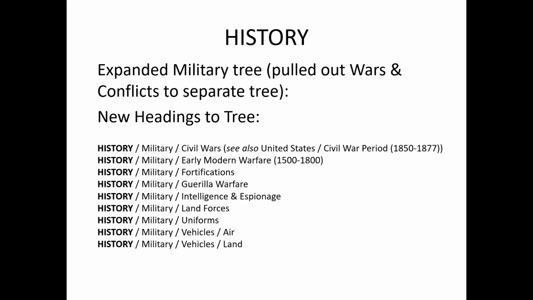We added early modern warfare, fortifications, guerrilla warfare, intelligence and espionage, land forces, uniforms, and we changed vehicles to a tree and added headings for air and land under that tree. I think we added C as well.